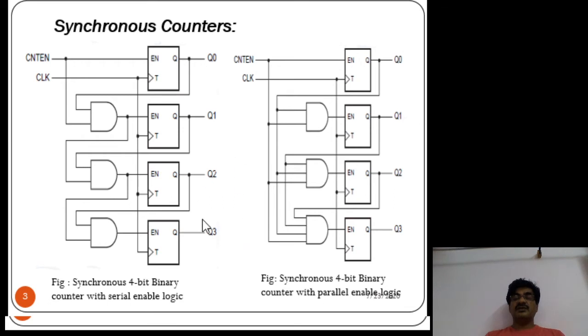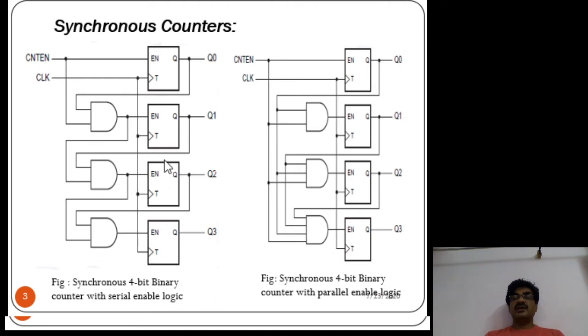So here in the synchronous counter case, the state of the flip-flop in the LSB position is changed for every clock pulse, whereas the flip-flops in the other positions change their output when their corresponding lower flip-flops' outputs are equal to 1.